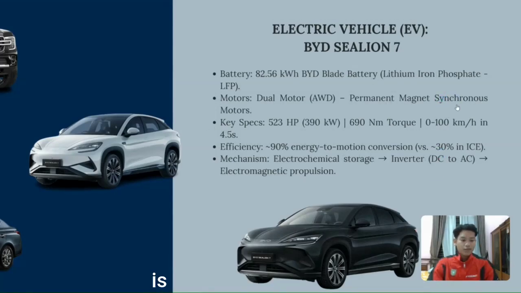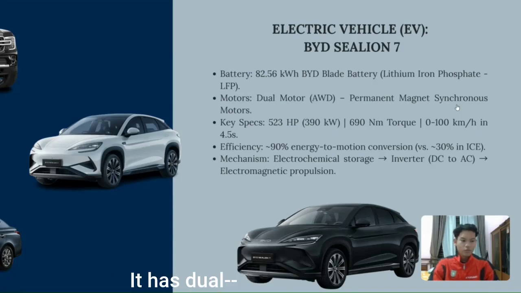For the second one is the electric vehicle. This EV uses an 82.56 kilowatt-hour Blade battery, which is a lithium iron phosphate battery known for being safe and long lasting.